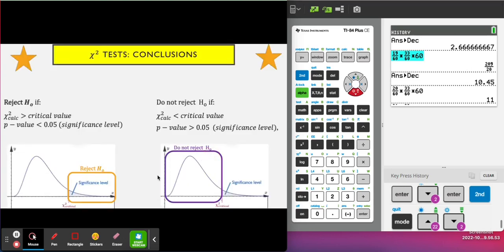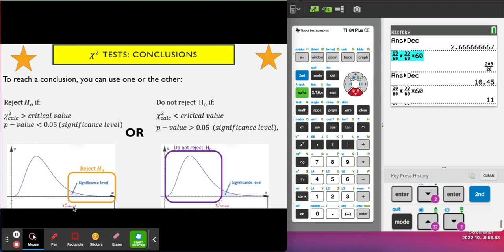Okay, the most important slide for us, these are the conclusions. To reach our conclusion, we're going to be using either one of these. We are either going to be rejecting the null hypothesis. Now, we know we reject the null hypothesis when our p-value is smaller than our significance level, right? So that's where we reject our null. But you're also going to see that we're going to talk about this chi-square calculated value.